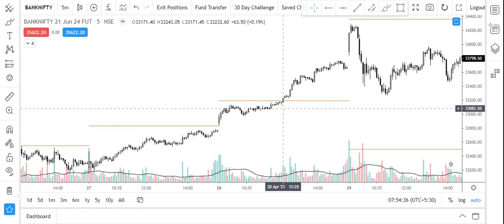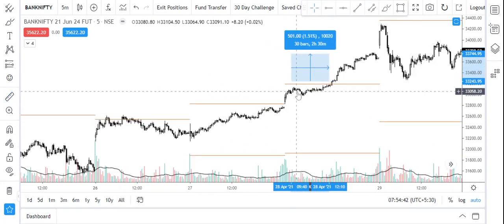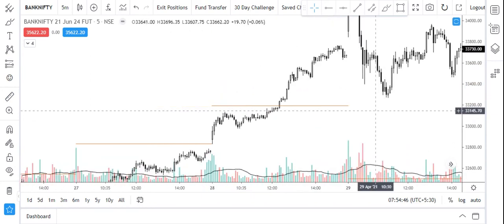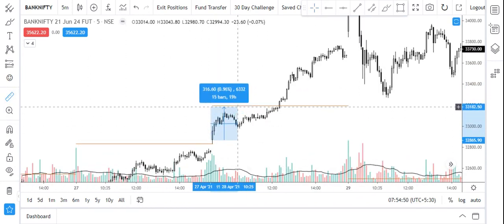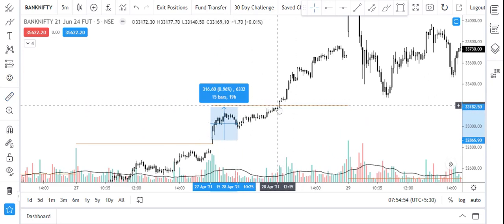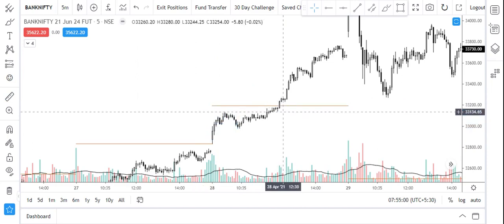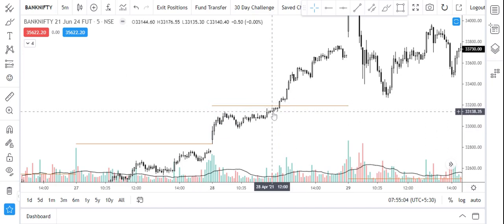Again here we have a good breakout, and then we got a good move towards the closing, around a 500 point move. Have you noticed one thing: regardless of what move has come till the market reached R2, it is very insignificant once the breakout comes above R2. This is the level where a lot of positional option writers will run away, because positional option writers take ranges and sell options.